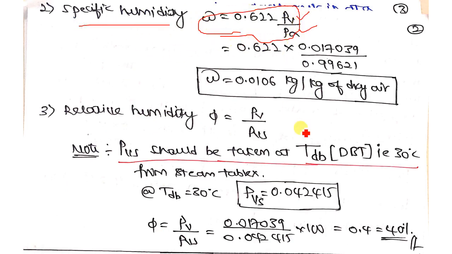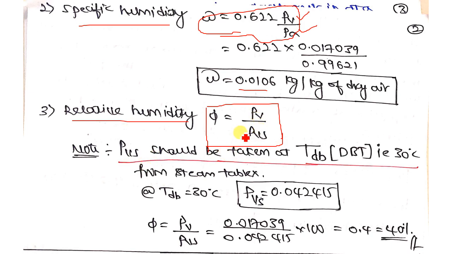Now, how do you calculate the relative humidity? Go with the definition. Relative humidity is the ratio of the pressure of vapor divided by the saturated vapor pressure. I told you this saturated vapor pressure should always be calculated at the dry bulb temperature. Remember this very carefully.